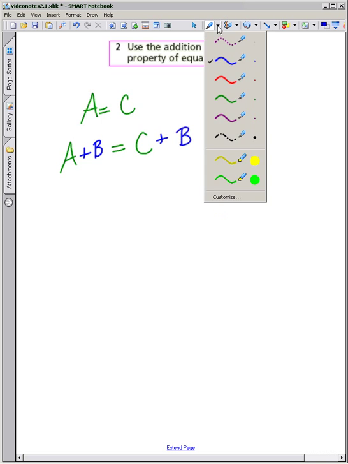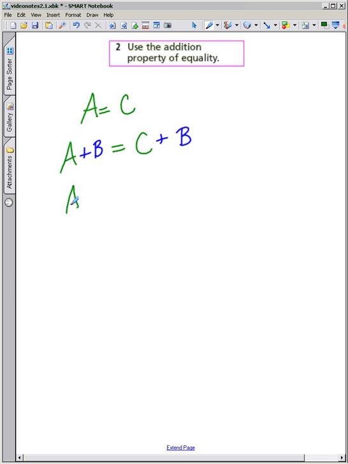It also is true that if I have two things equal to each other and I subtract the same quantity from both sides, I get an equivalent equation.